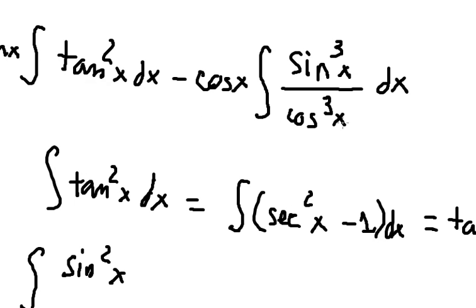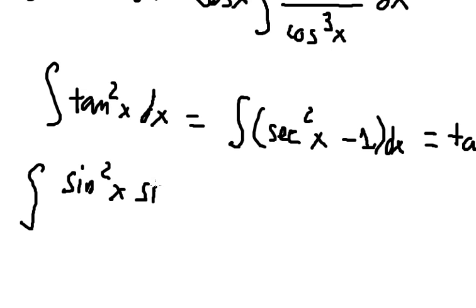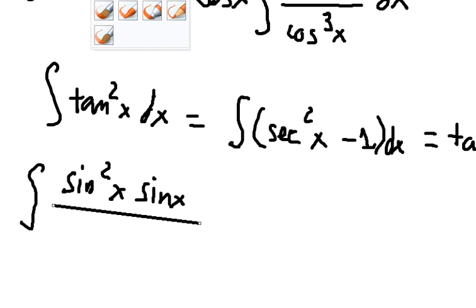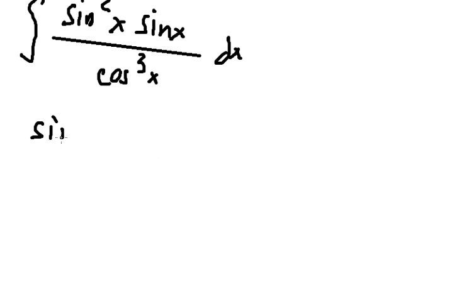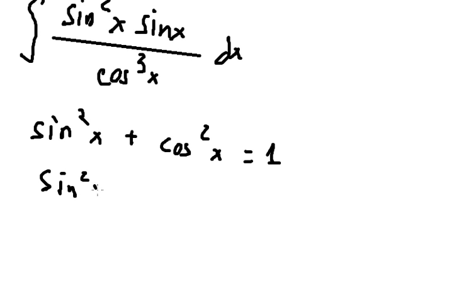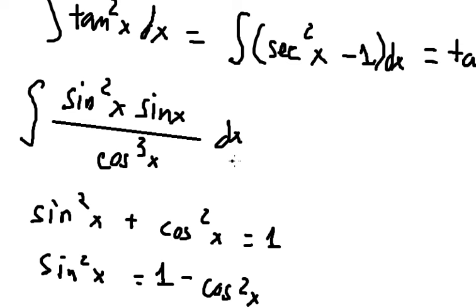So we change sine x to the power of 3 into sine x squared and sine x over cosine x to the power of 3. We know that sine x squared plus cosine x squared equals 1. And now we have sine x squared in here, so I will put this one to the right. So this one we will have like this.